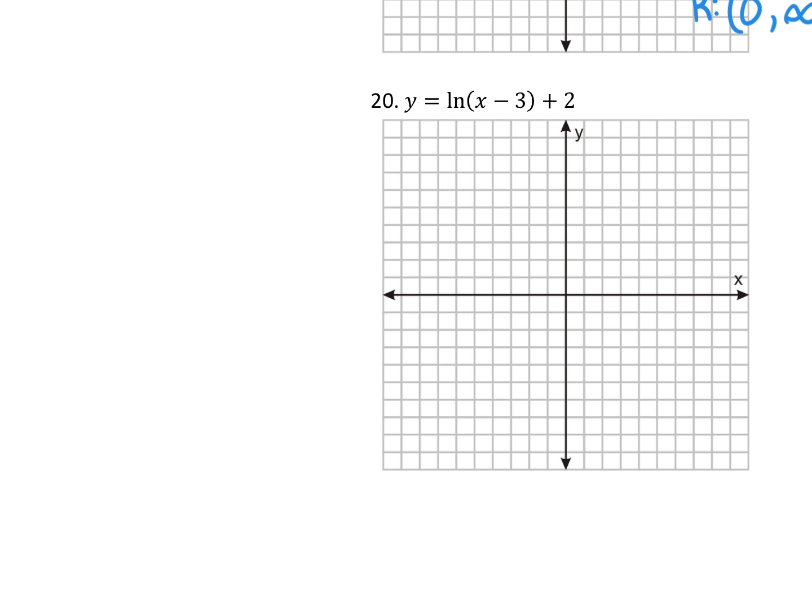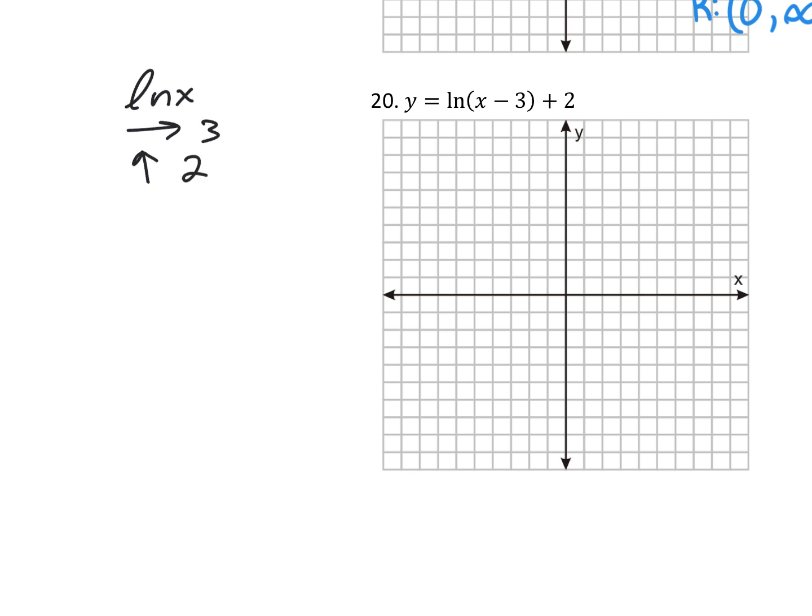We really graph the inverse of exponentials rather than worrying too much about logs. So just investigating here, I have the natural log of x minus 3 plus 2. So this is going to be our natural log of x shifted right 3 and up 2.